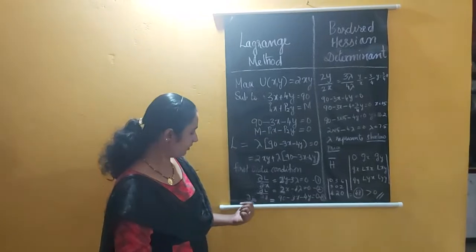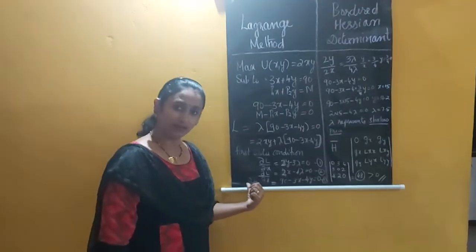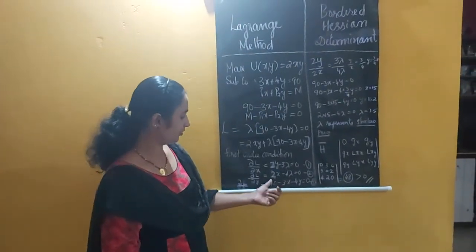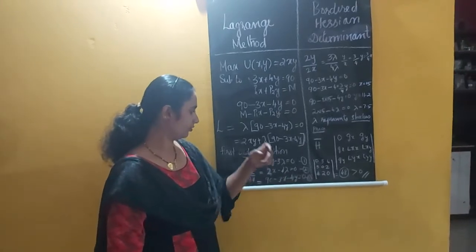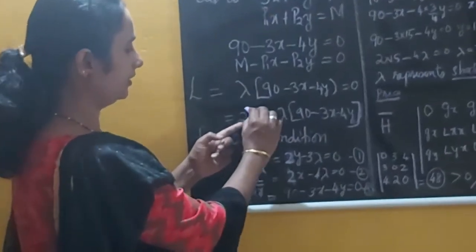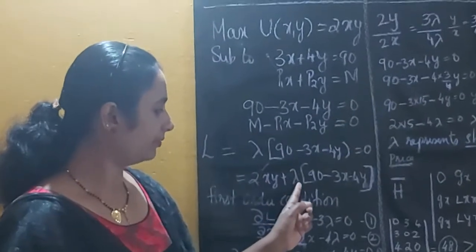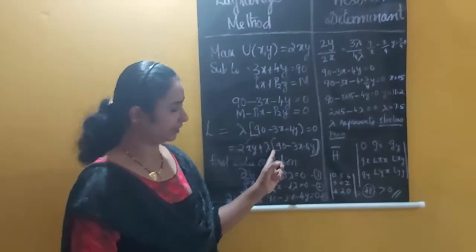Then we are partially differentiating this function with respect to lambda. So dou L by dou lambda is equal to 90 minus 3x minus 4y equal to 0. Why? Because 90 is a constant here, and lambda is to be differentiated with respect to lambda.